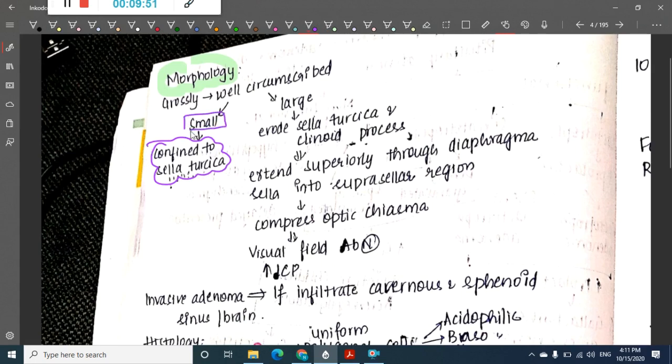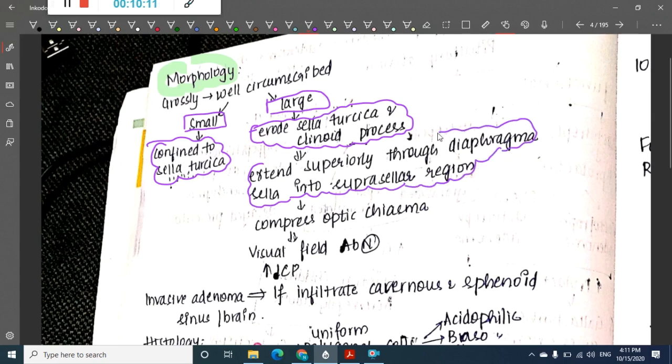But if it is larger, it can erode the sella turcica and clinoid process. And if it erodes the sella turcica and clinoid process, it extends superiorly through the diaphragma sellae into the suprasellar space. That is one.